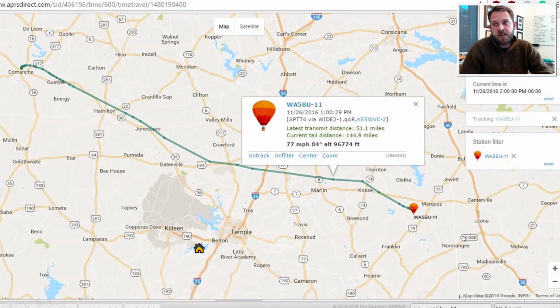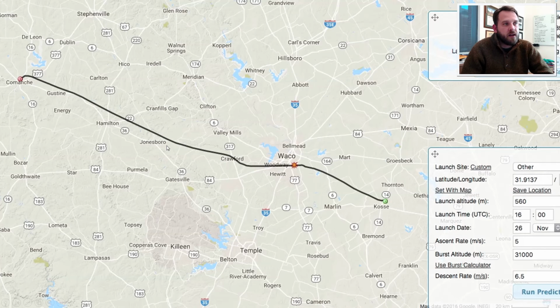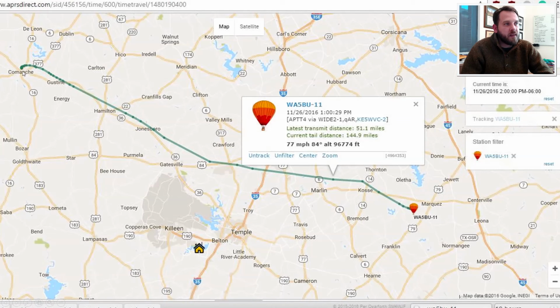What I think is very interesting is if you compare the actual track with the predicted track, you'll notice the shape of the predicted track and the actual track are nearly identical.